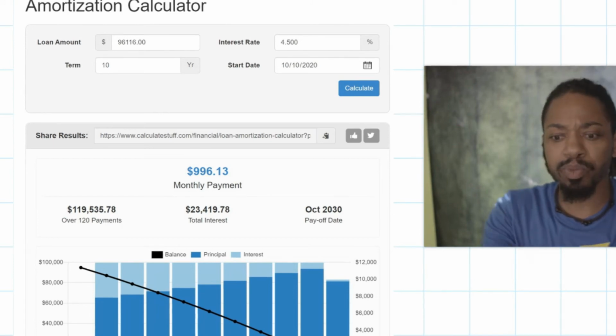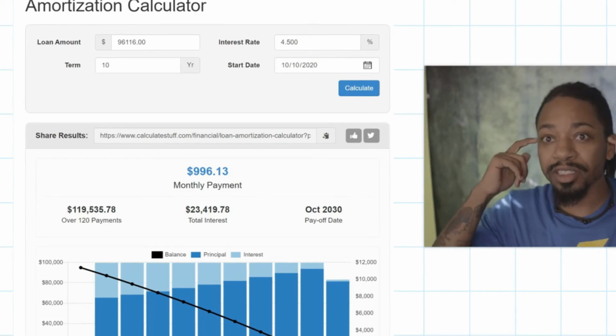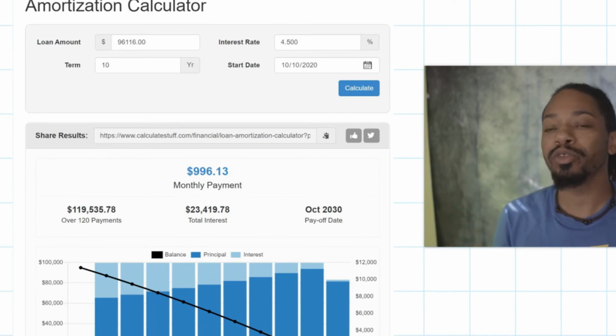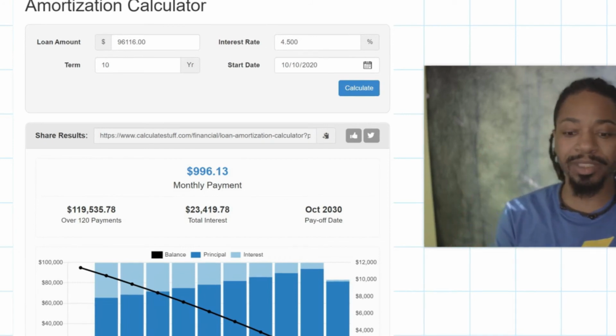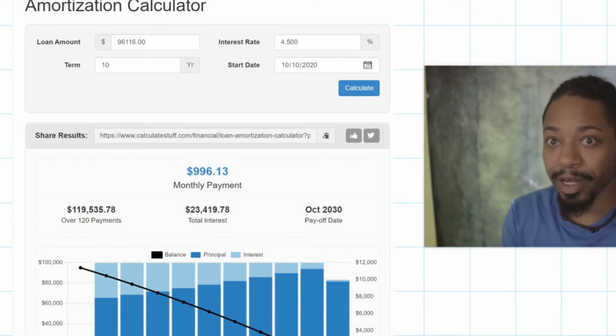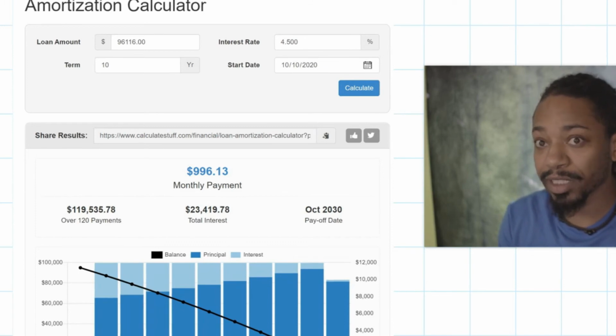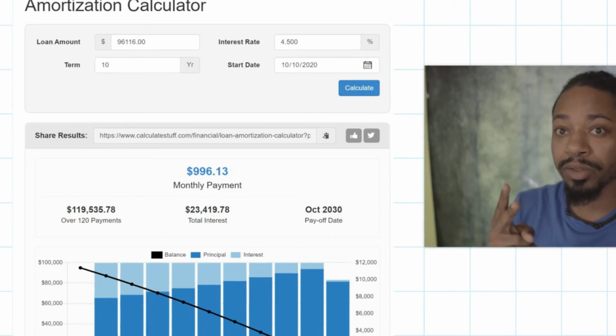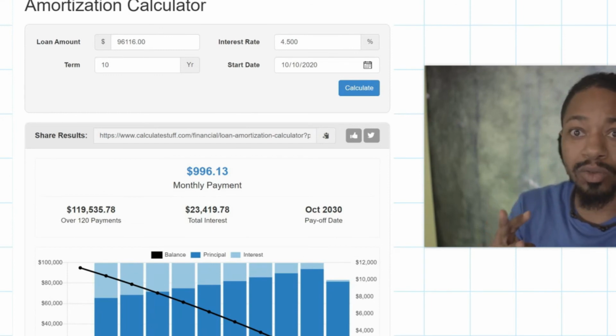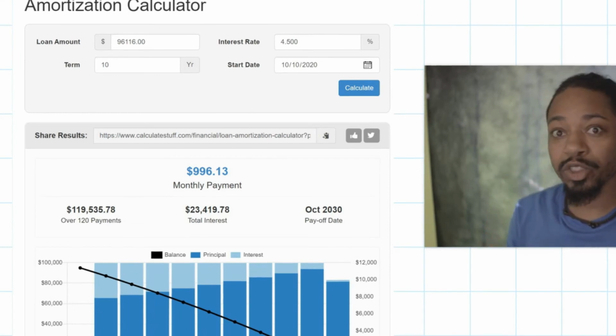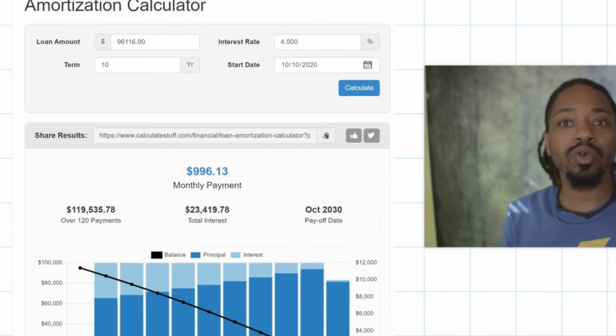Because yes, this program will do it for you, but you also need to understand where it's coming from so you can double check. When it comes to finances, especially when you're talking about moving big bucks like going to college, car loans, house loans, and those types of major loans, you're going to want to double check that math.